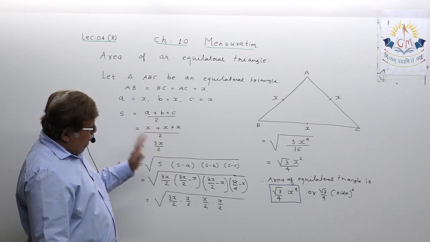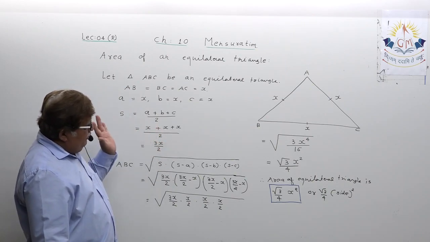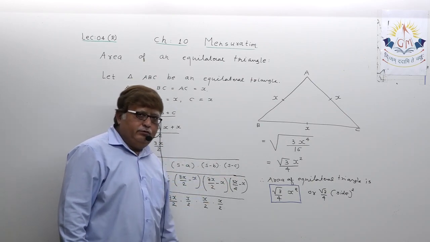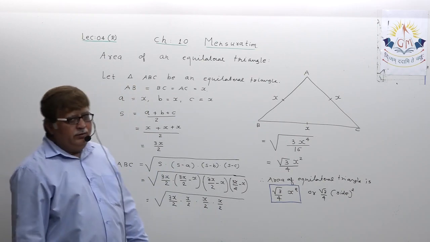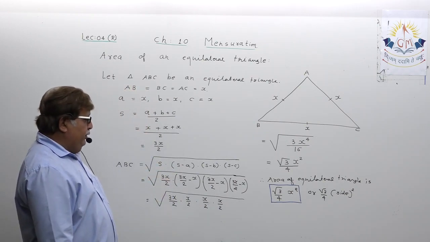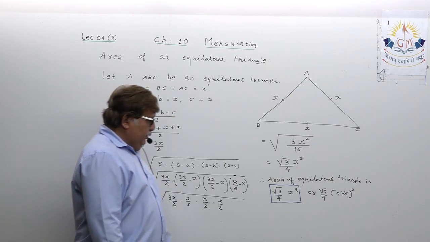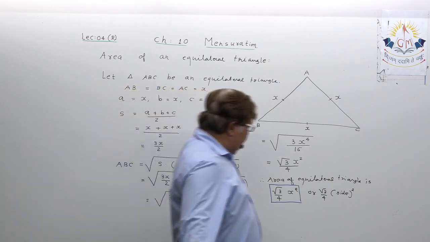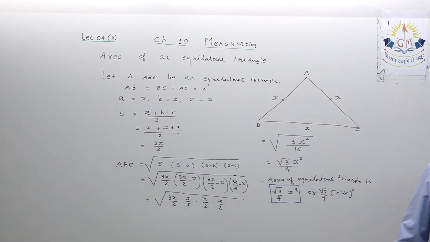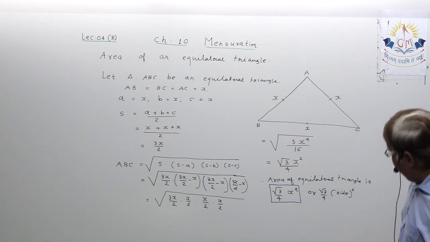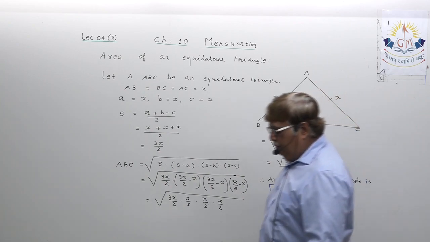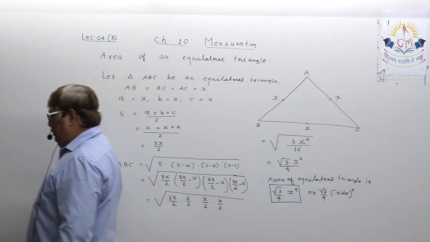Just for a little time, you check all the steps before we discuss some of the important MCQs based on this particular formula. Just have a look at this first. Area of an equilateral triangle, we derived the formula, that is under root 3 upon 4 x square.